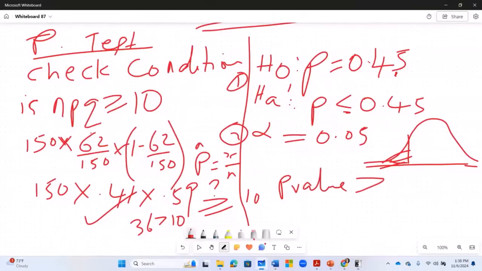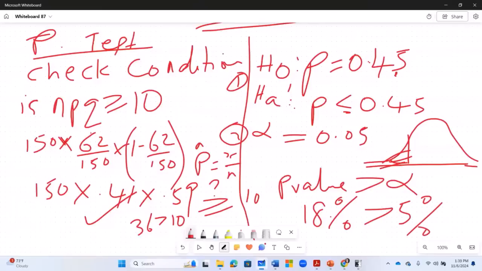So I'm going to say the p-value is greater than alpha, because it is 18 point something percent. 18% is greater than 5%. And because the p-value is greater than alpha, I will accept the null. Why am I accepting the null?